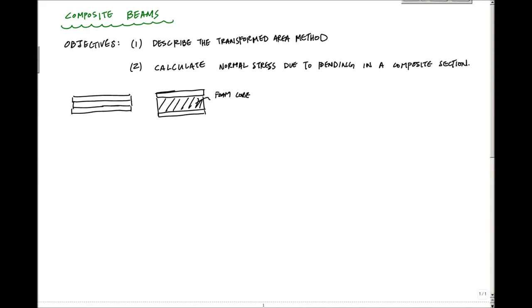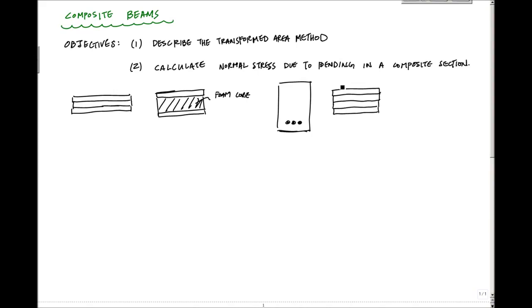Another example might be reinforced concrete. You've got concrete with a layer of steel somewhere, so this would be a composite beam. If you're taking a composite materials course on fiber reinforced polymers, you might have a glass epoxy layer, then a carbon epoxy layer, then another glass epoxy layer, and then something in a whole different orientation.